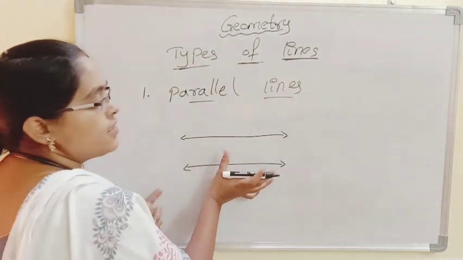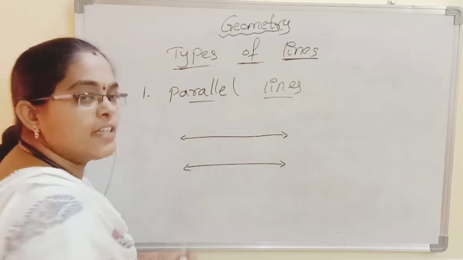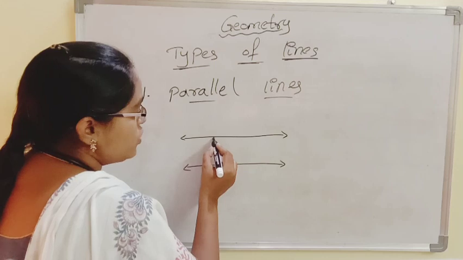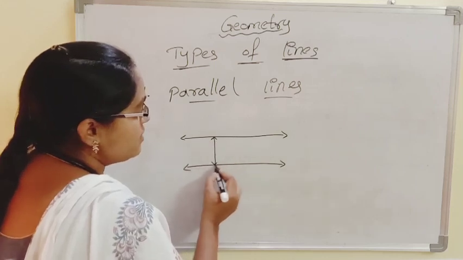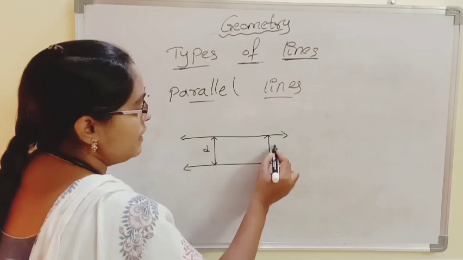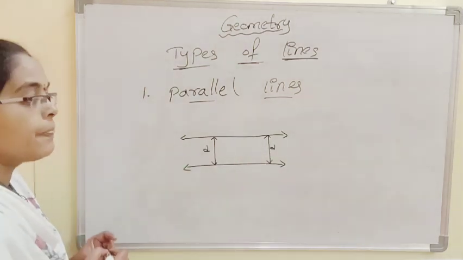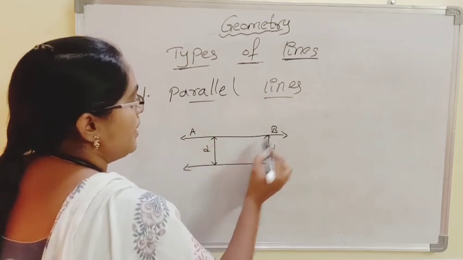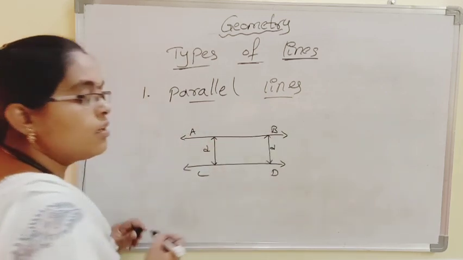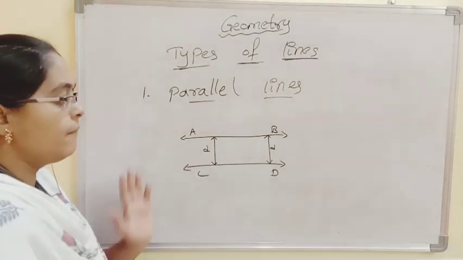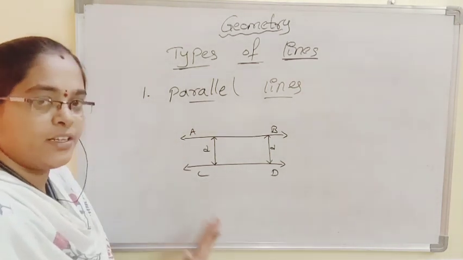The two lines in the same plane which do not intersect at any point, and the distance between these two lines will remain the same at any point. This distance must be the same at any point. Then we are calling line AB and line CD parallel to each other. Now see once again, what are parallel lines? The lines which are in the same plane.